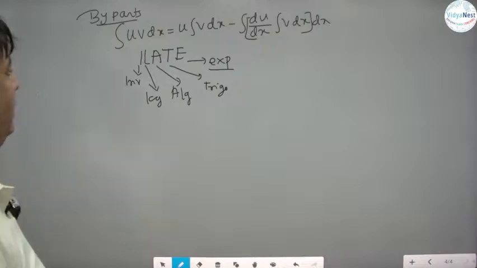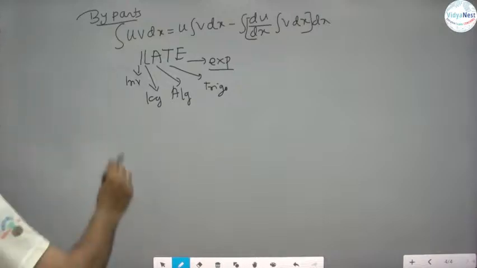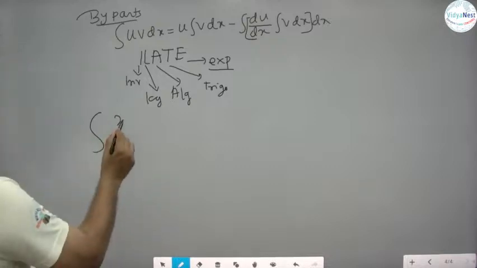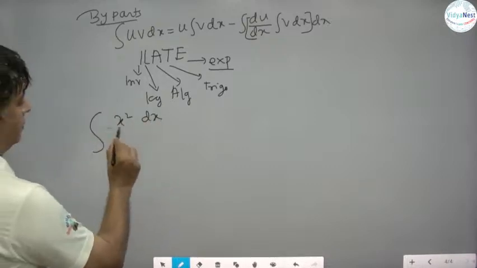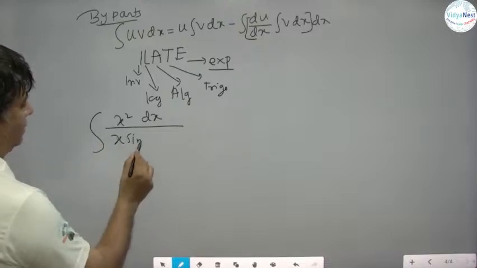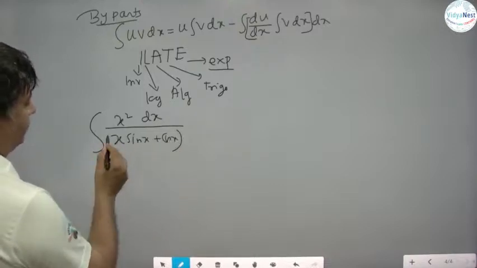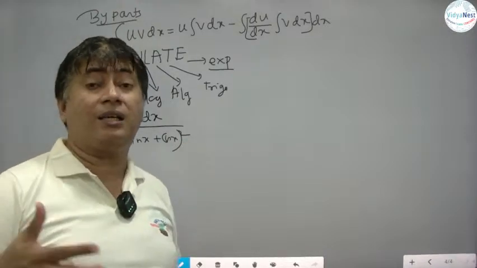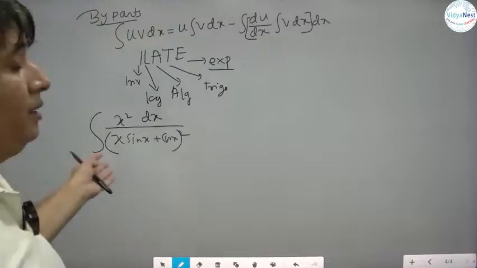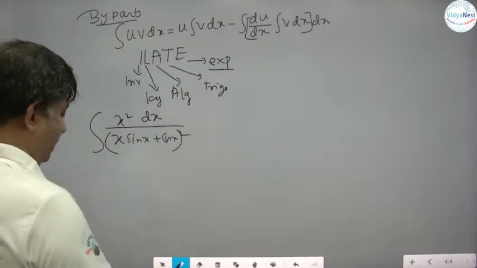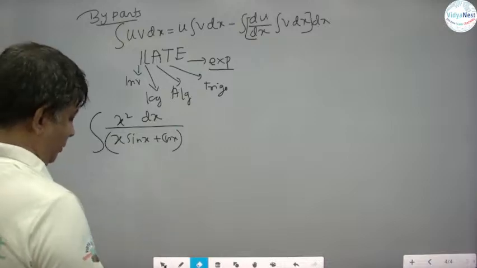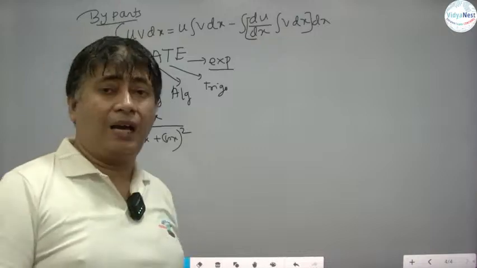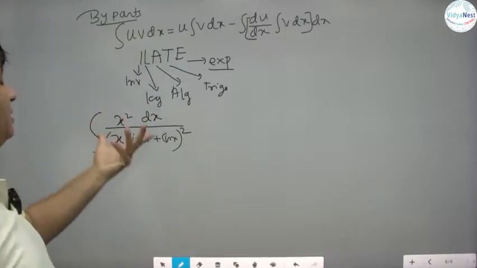Okay, E for exponential. So let us take one sum. X square by x sin x plus cos x whole square. If you search this type of sum in yesterday's JE questions, in alternative years, in different types of JE level like JE main, state joint, BITSAT, you will get sums of this type.